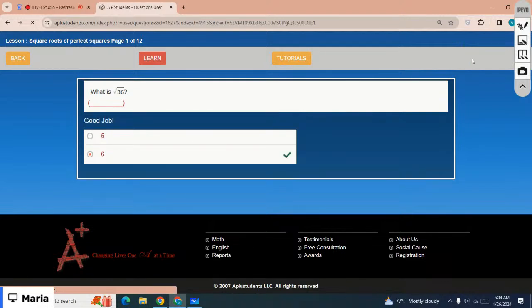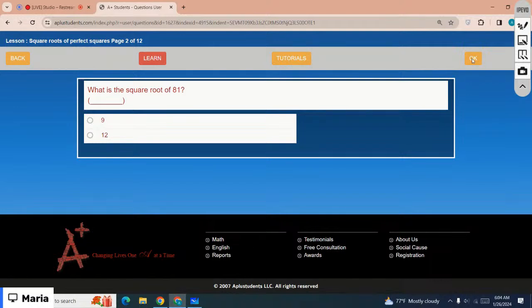The next one is, what is the square root of 81?